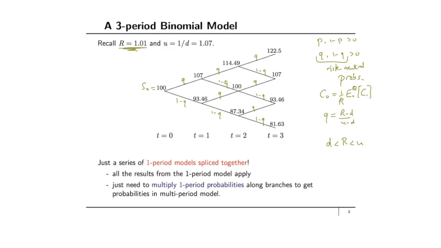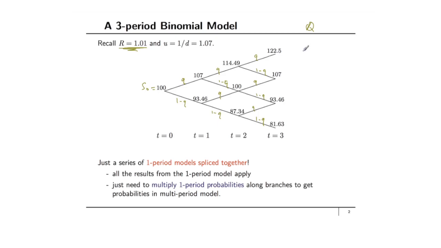Suppose, for example, I want to compute some risk-neutral probabilities in this three-period binomial model. How can I do that? Well, let's create some space here and get rid of this stuff. Let's compute the risk-neutral probabilities, let's call them Q, of arriving at each of these terminal security prices.